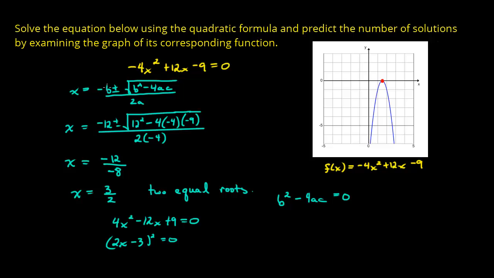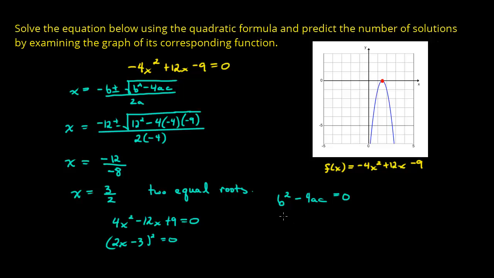You'll get negative b plus or minus 0 over 2a. So that gives you two equal roots, or you'll just get one value for x when you solve that equation. Graphically, that corresponds to only having a single x-intercept. So the parabola comes up and just touches the x-axis in a single spot.